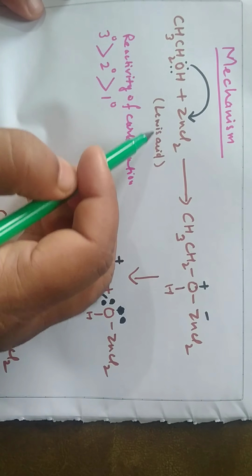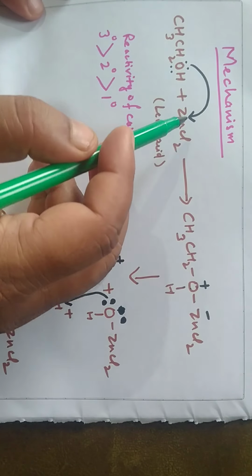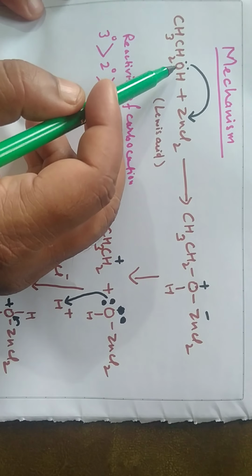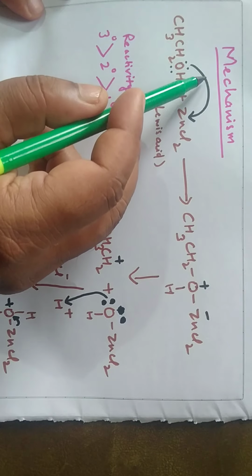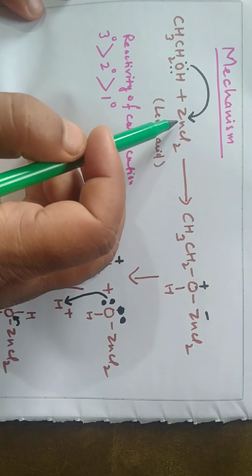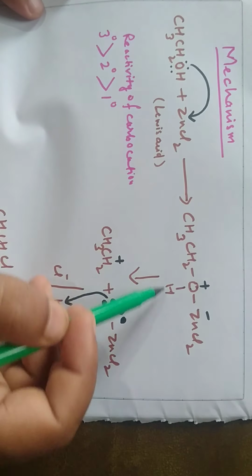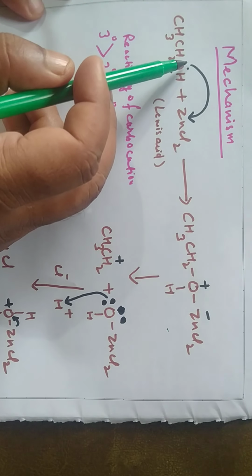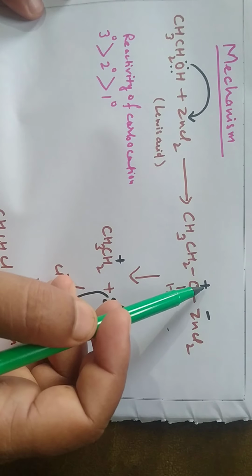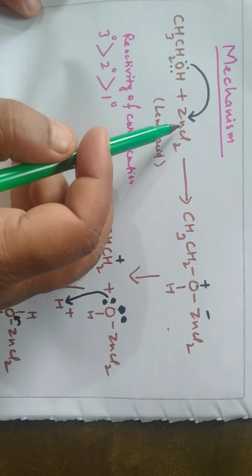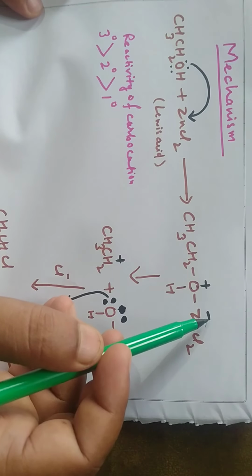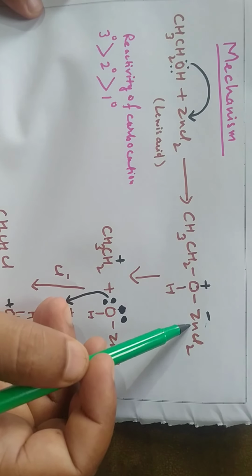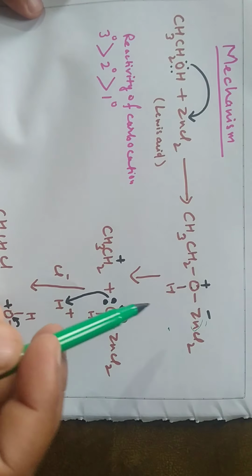So it acts as a Lewis acid. It requires electrons. Oxygen has a lone pair of electrons, so oxygen will give its lone pair to this zinc. An intermediate is formed. Since oxygen has given electrons, a positive charge is developed at oxygen. And this zinc has taken electrons, therefore a negative charge appears on the zinc metal. You can see the negative charge here.